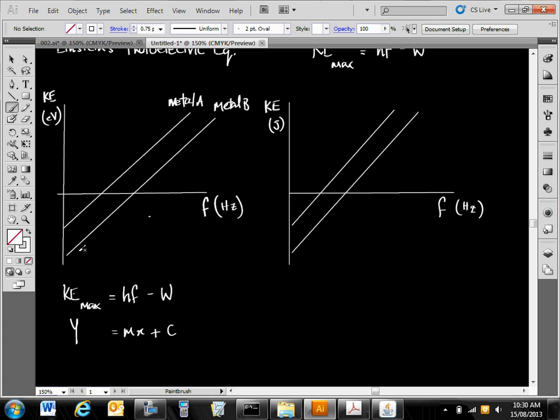The work function is where the graph strikes the y-axis. So the slope of the graph is h. Should be this number.